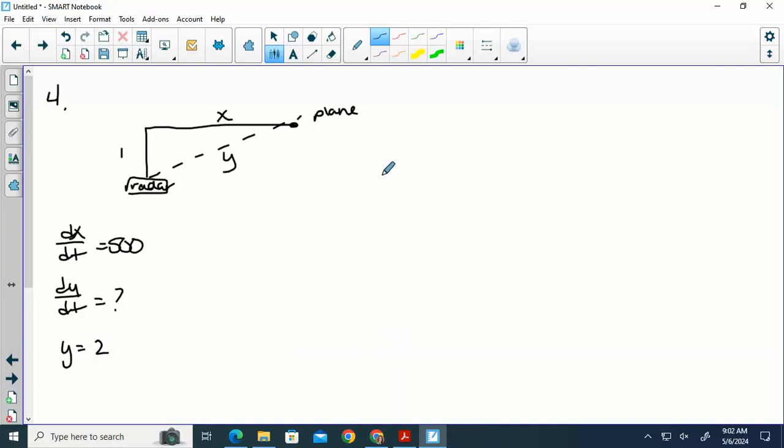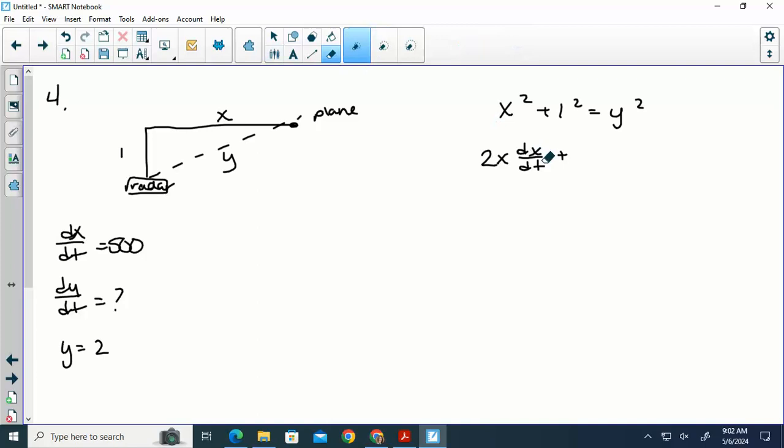So when we have triangles, what formula do we use? So x squared plus 1 squared, the derivative of that would just be 0, equals the derivative of y squared, which would be 2y dy/dt.